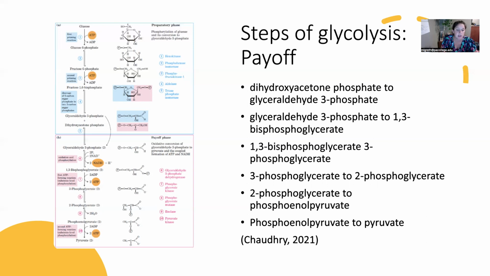And then pyruvate kinase facilitates the loss of a phosphate group to create another molecule of ATP, and converts phosphoenolpyruvate to pyruvate, which we talked about as that end product from glycolysis, which would then go into either the lactic acid cycle or the citric acid cycle.